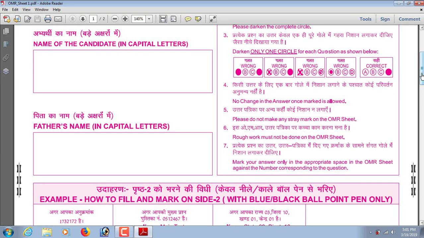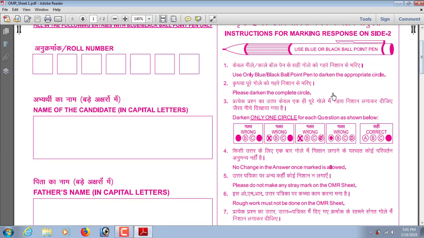This is a model where you have to darken the circles. Among the options given in the next answer sheet like A, B, C, D, you have to darken only one circle, and that is correct. If you darken two circles, it is wrong, or if one is darkened and given a strike off, it is wrong.